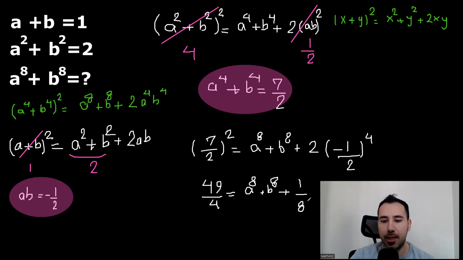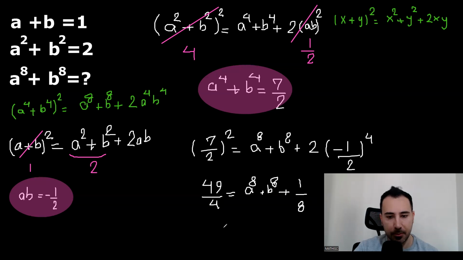So the answer would be a to the 8th power plus b to the 8th power. It's going to be 98 minus 1, 97/8. So this is the final.